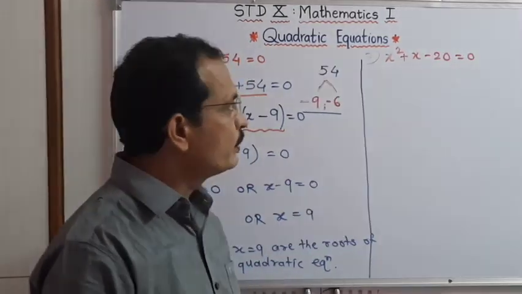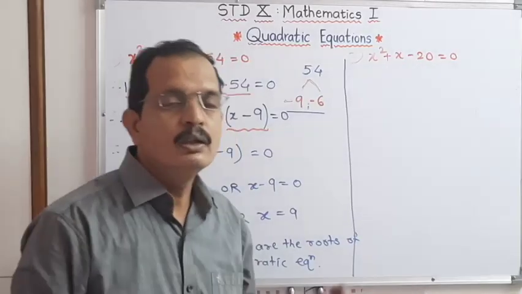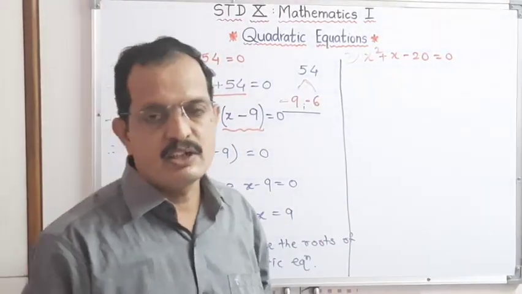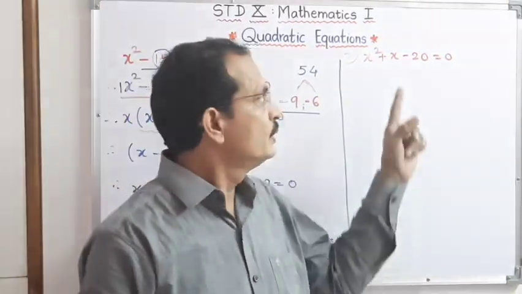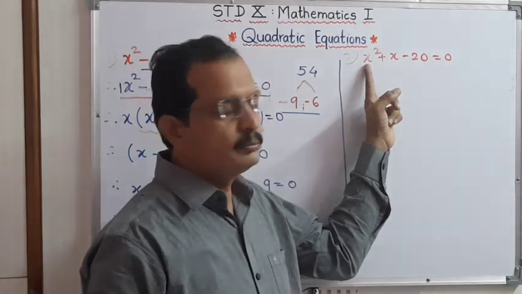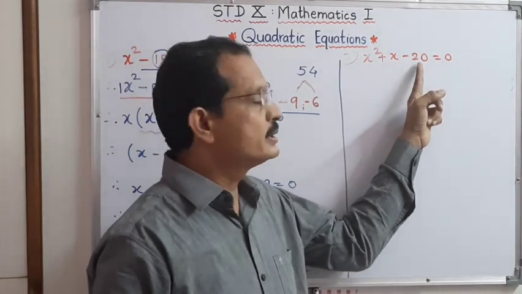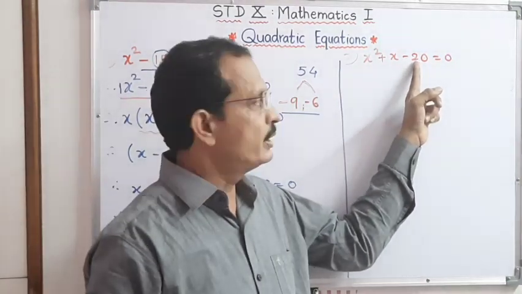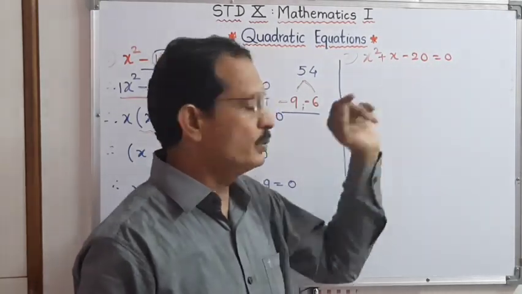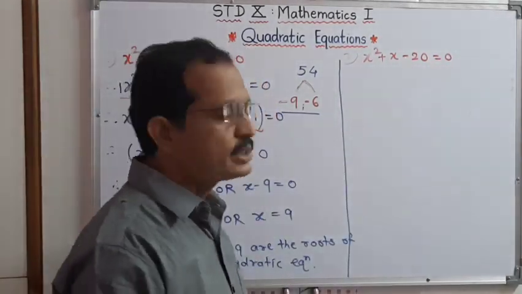First of all we have to see whether the equation is in standard form or not. Quadratic term, middle term, and this is the constant, minus 20 equal to 0. Now it is in standard form.